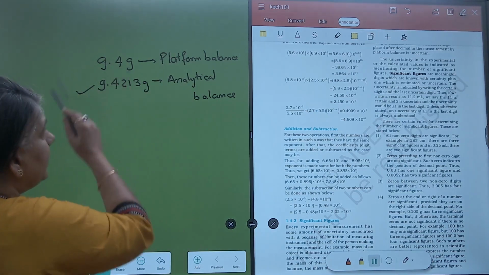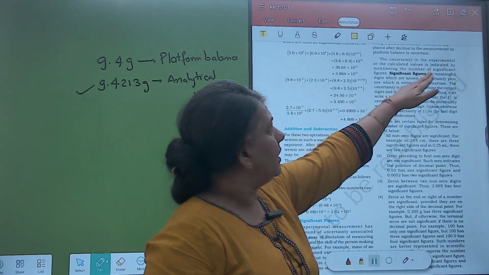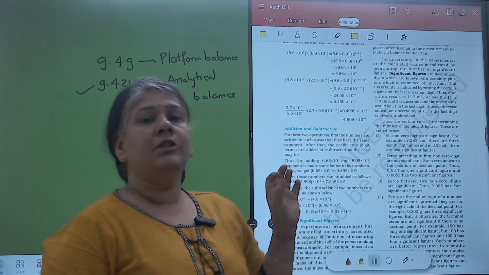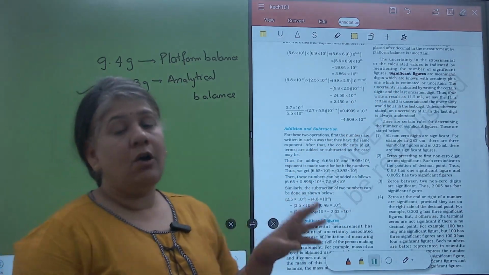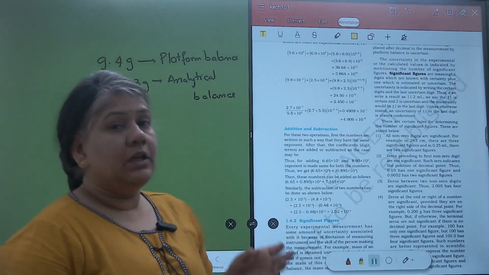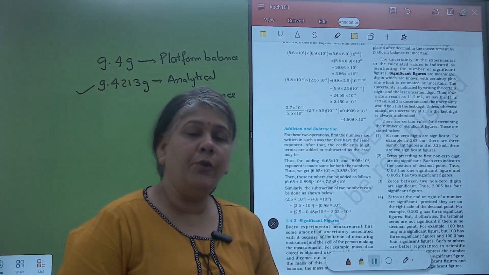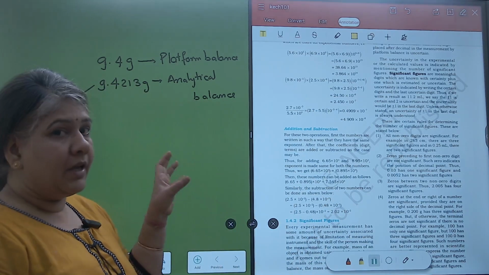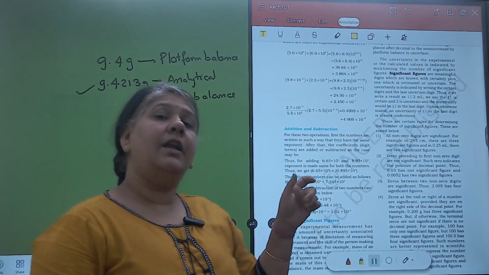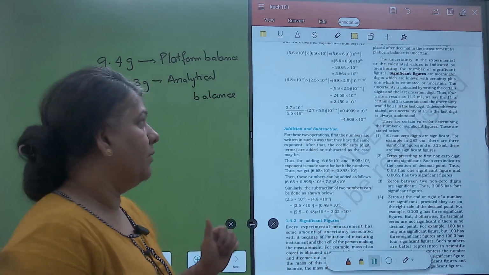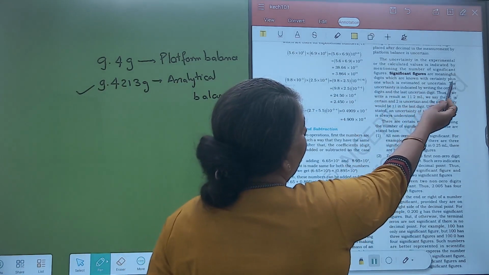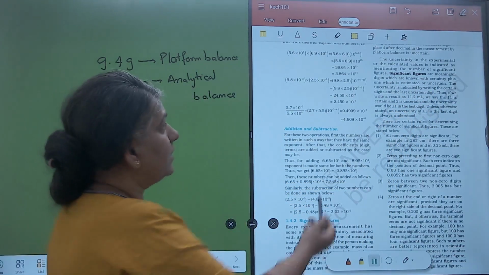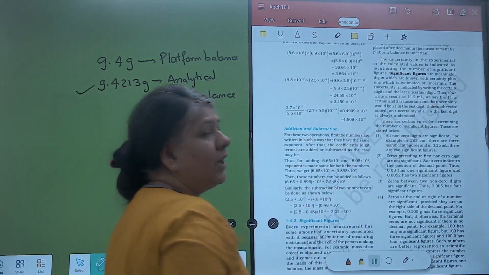Now, the uncertainty in the experimental or calculated value is indicated with the help of significant figures. So what are significant figures? Significant figures are meaningful digits which are known with certainty, plus one which is estimated or uncertain.